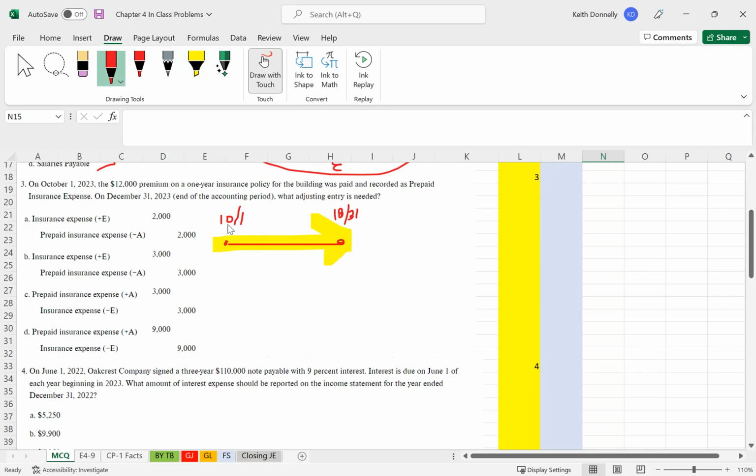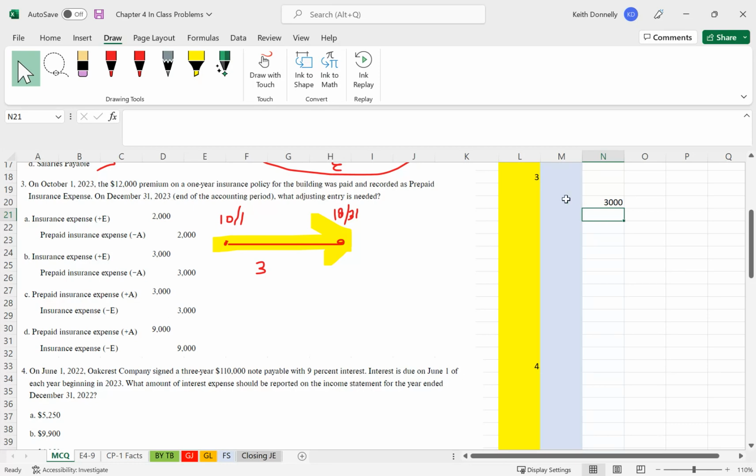We did October, November, and December. We have 3 months that we used that insurance. So if we were to take the $12,000 we paid times 3 months that we used out of the 12, that's going to give us $3,000.